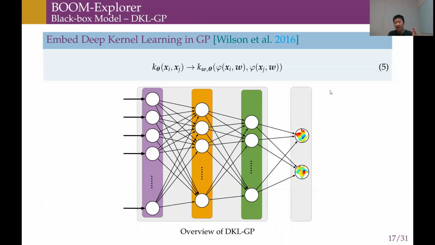This figure visualizes what a DKLGP is. Here it stacks 3 layers to encode the input vectors to hidden states, and the hidden states will be approximated to suitable Gaussian kernels. Through this way, we can build suitable Gaussian process functions to characterize the power and performance of microarchitectures.